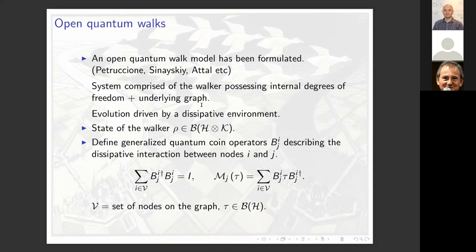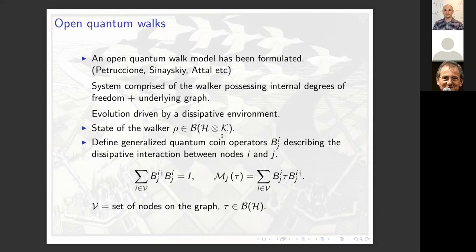Then what can be done is you can define generalized quantum coin operators. So these B_ij quantum coin operators are describing the dissipative interaction between, for example, nodes I and J. My understanding is that between any two nodes on the graph, there's an interaction between the system and the environment, and that's what's facilitating the jump.